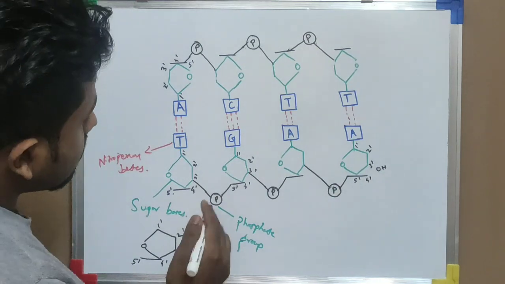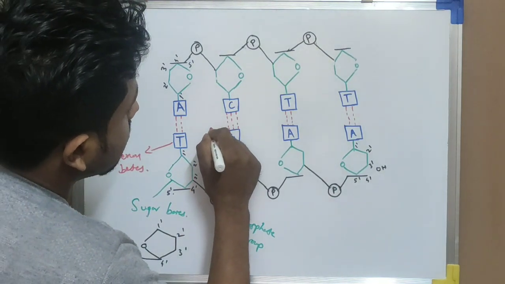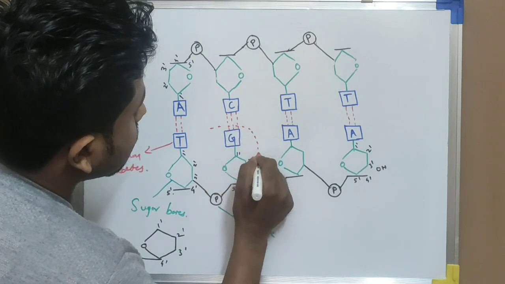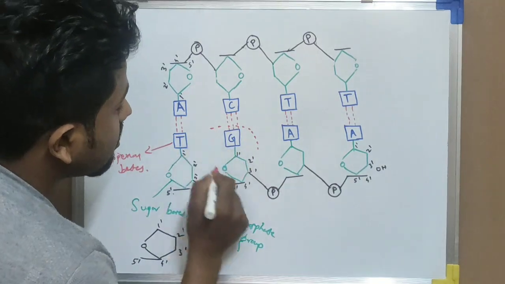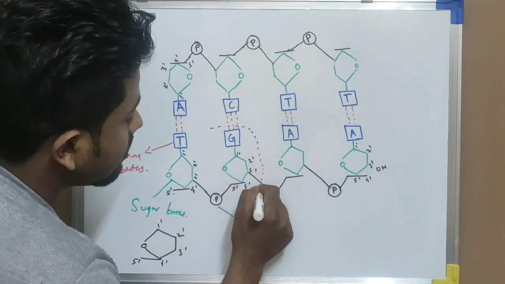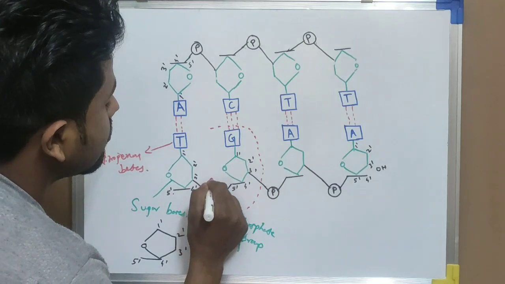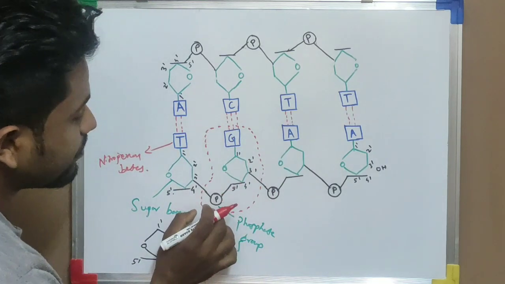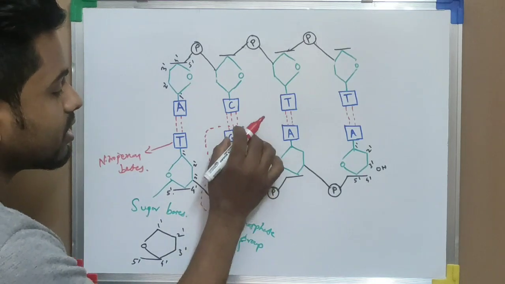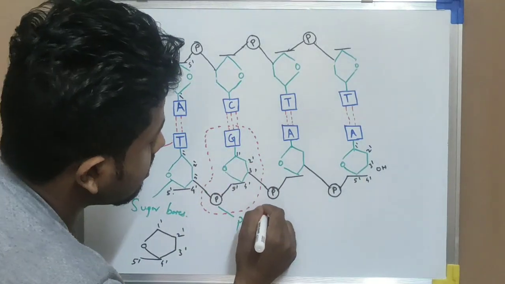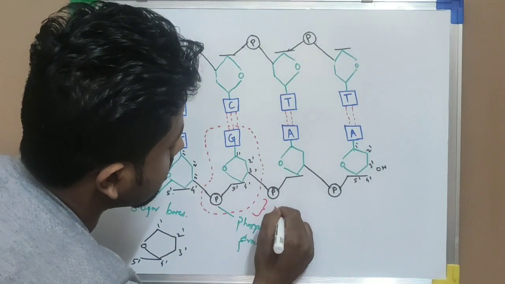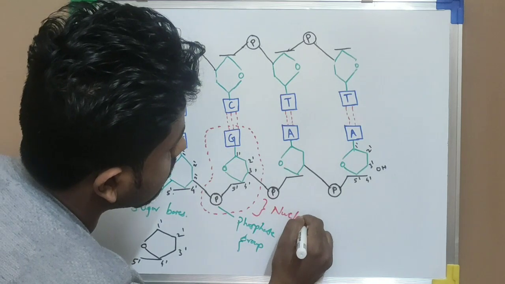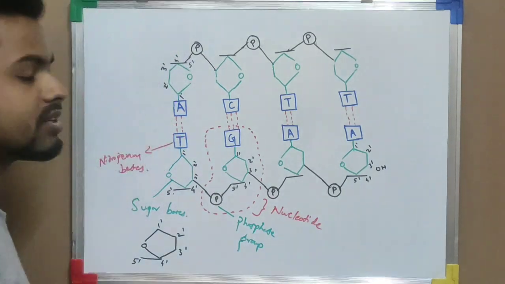These are nucleotides. When you consider a nitrogenous base, a sugar group and a phosphate group, these three together make a nucleotide.